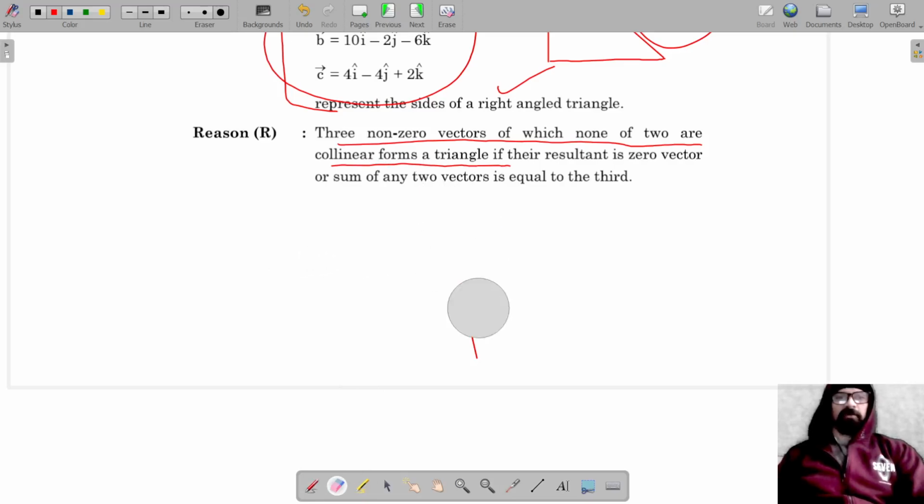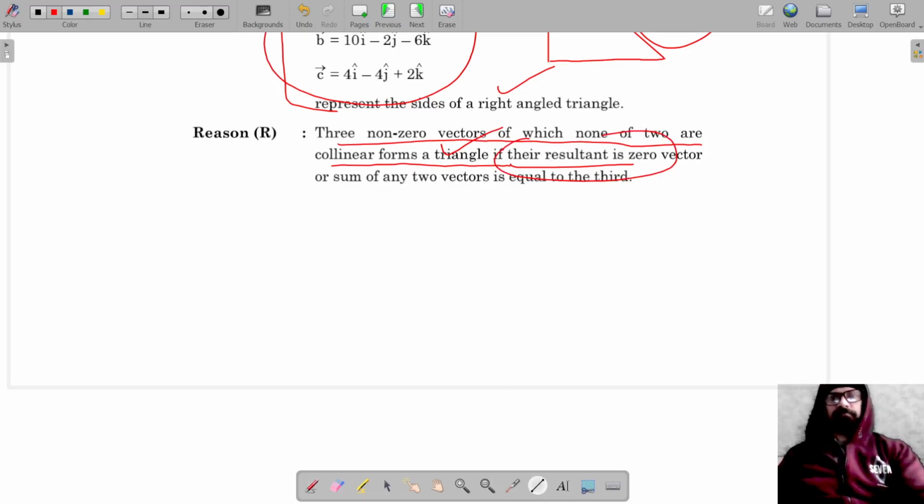Okay, now it says that if the resultant is zero, once the triangle is formed. Now, if their resultant is zero, so let's say we have this triangle with the sides A, B, and C represented by the vectors.